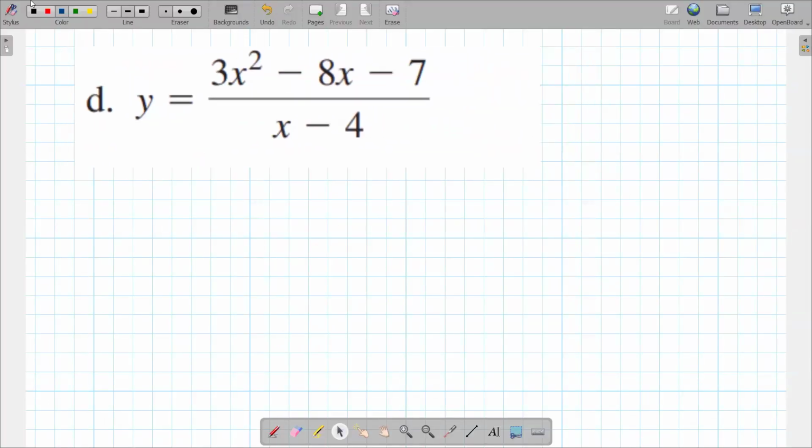What about this one? You tell me if we can factor the numerator or not. Just tell me if the numerator is factorable or not. That's the only question right now, and we'll go from there.